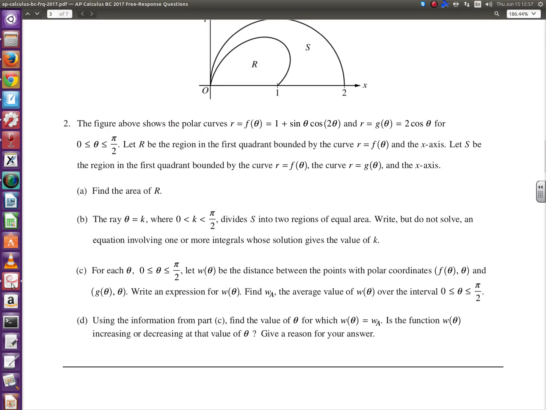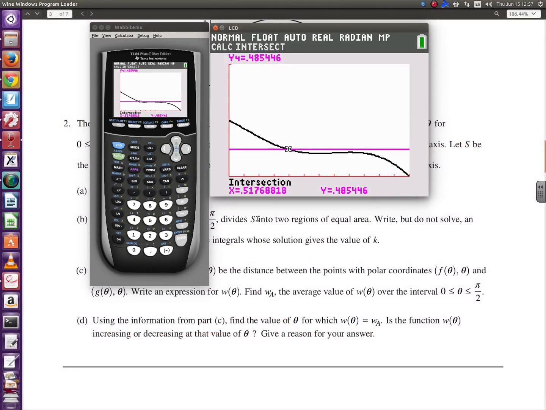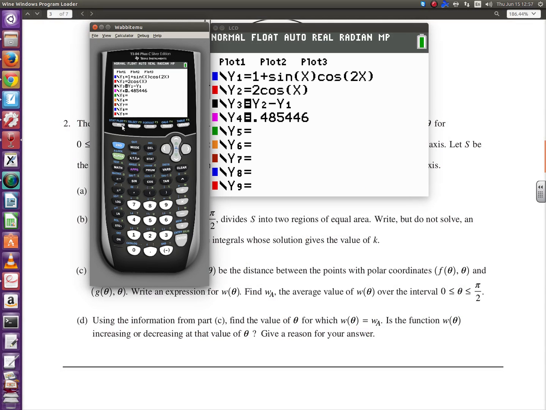Is W itself increasing or decreasing at this value that we just got? So we have to figure out W prime at this number. Alrighty. Now who's W? Let's go back to the calculator. W is y3. So I wanted the derivative of y3 at that 0.517688-ish.